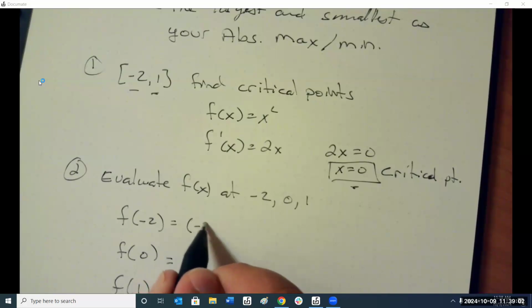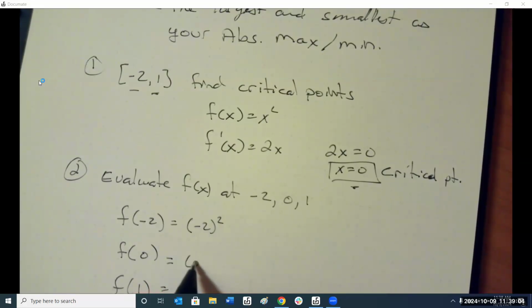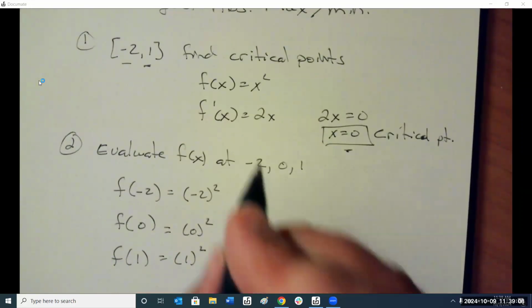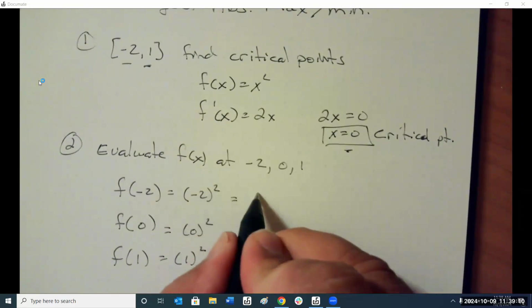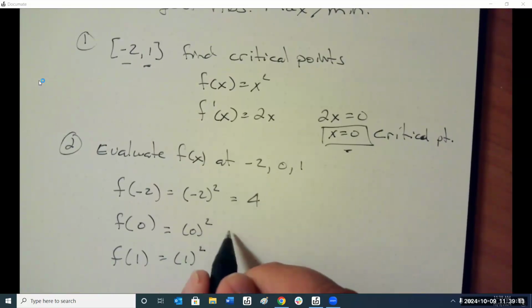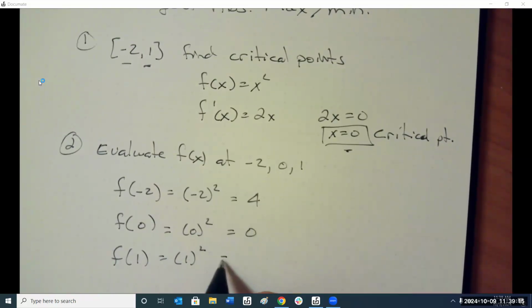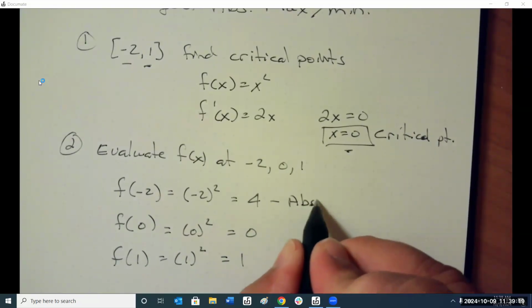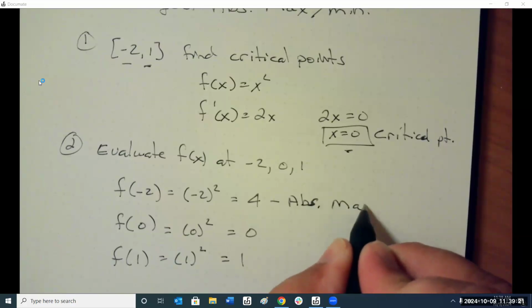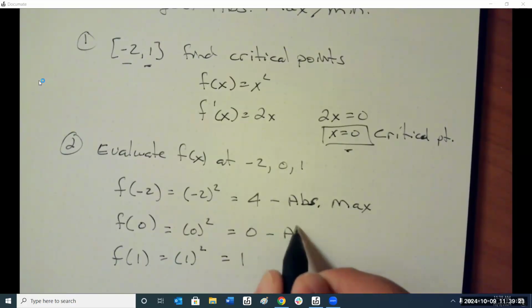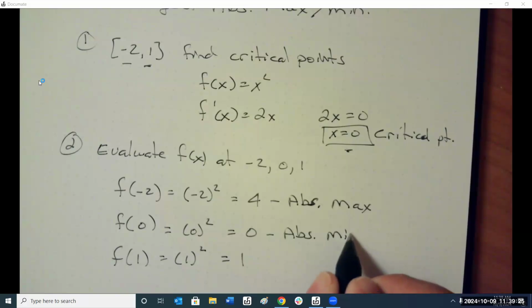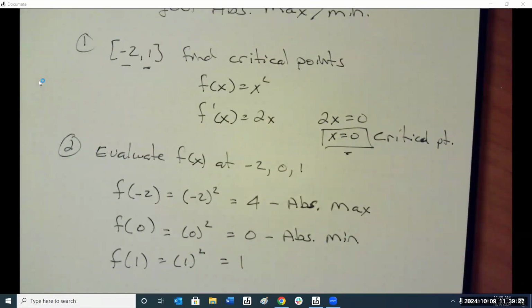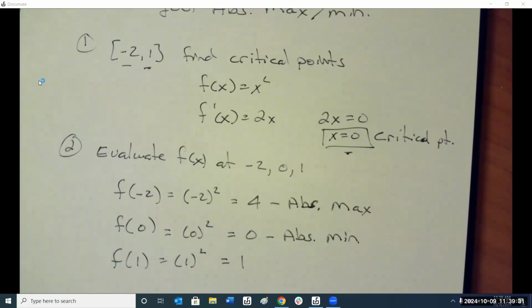So we have -2 squared, 0 squared, 1 squared. -2 squared is 4, 1 squared is 1, 0 squared is 0. Oh, this is the absolute max, and this is the absolute min. And that's how we do it.